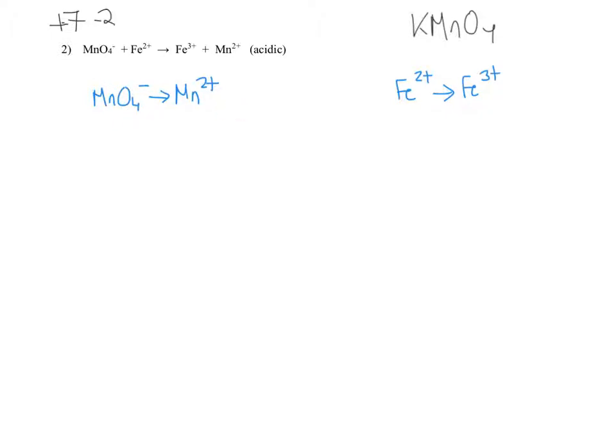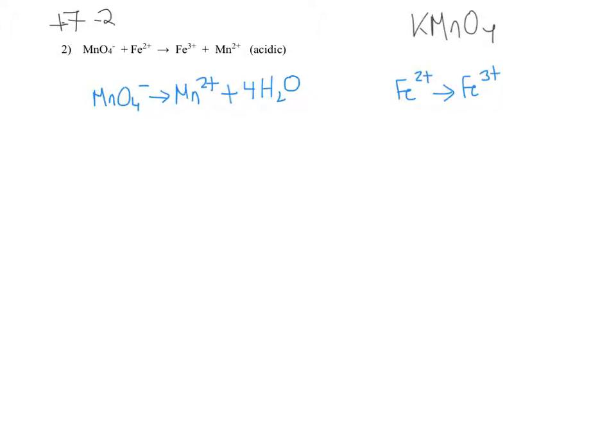So for each oxygen that's missing, you add a water to the deficient side. So that means we need to add 4 H2O. On the other side, we have Fe2+ and Fe3+. No oxygens here, so we don't need to do 4A for that one.